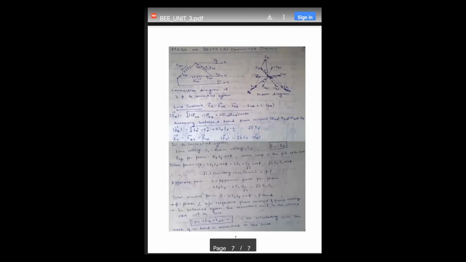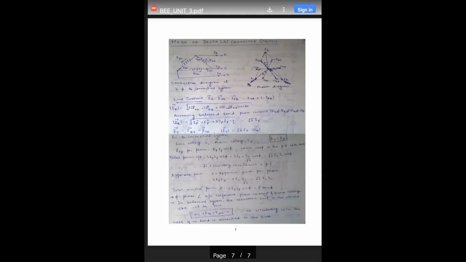And the power delivered to the load is also the same. In single phase, we know it is VI cos phi. In three phase, it becomes 3 VI cos phi. Similarly, if we calculate using line current and line voltage, the formulas for apparent power, power factor, reactive power, every power is the same.